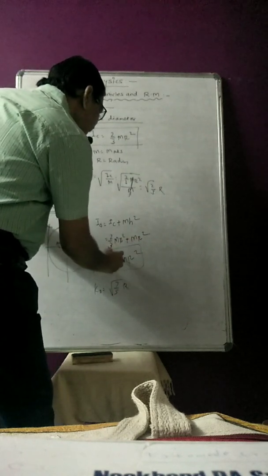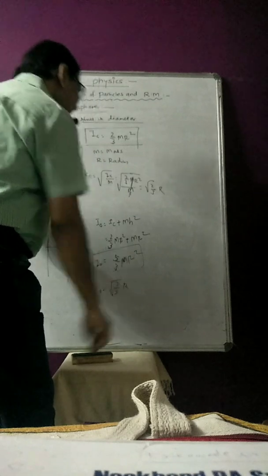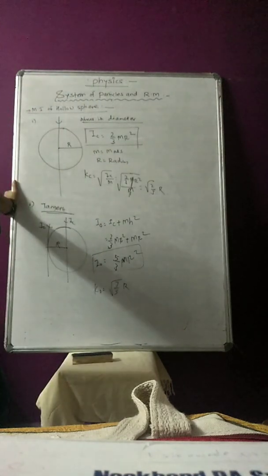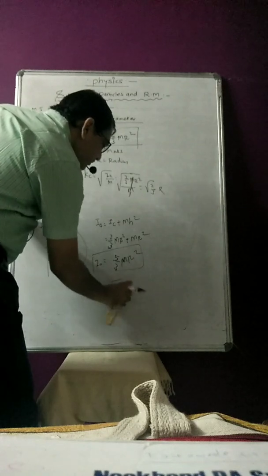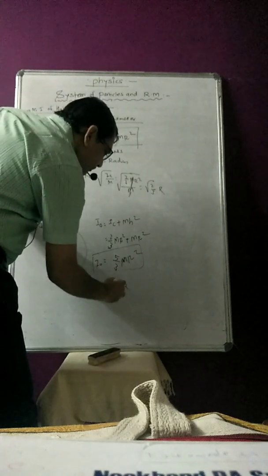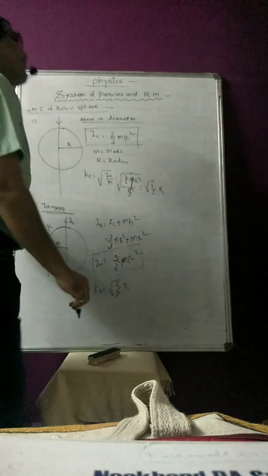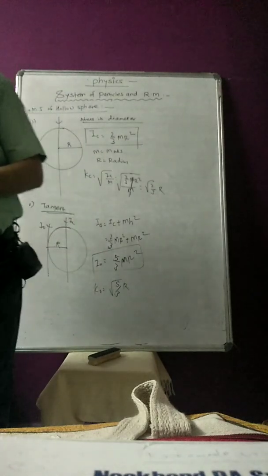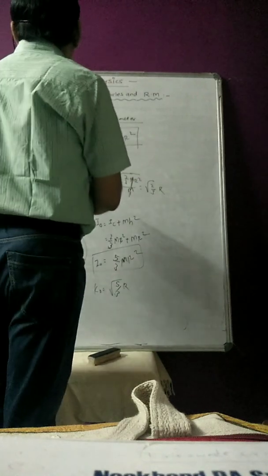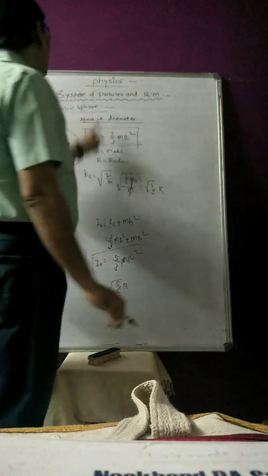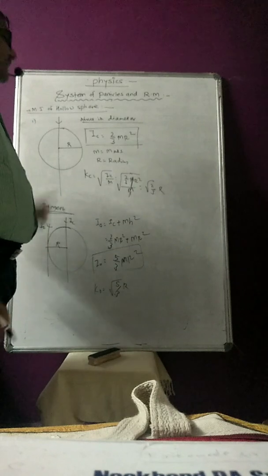So that is 5 by 3 mr square. And therefore KO is equal to root of 5 by 3 into r. Okay, so this is the moment of inertia of a hollow sphere about its tangent.